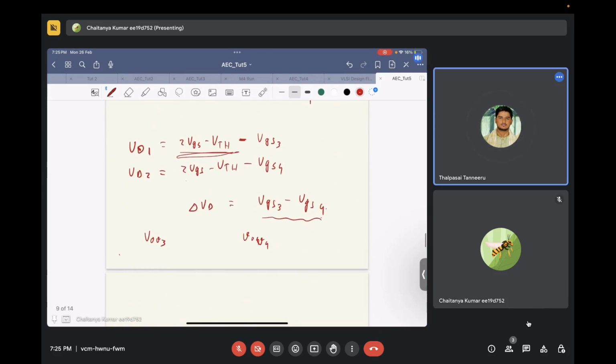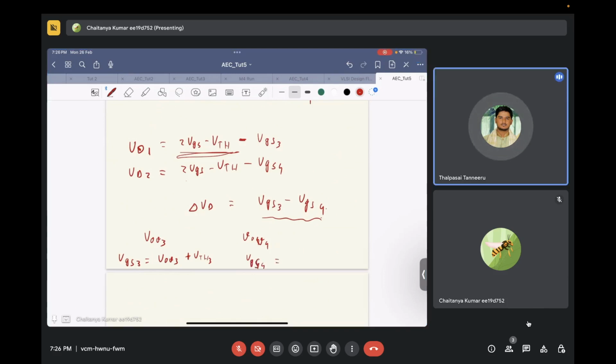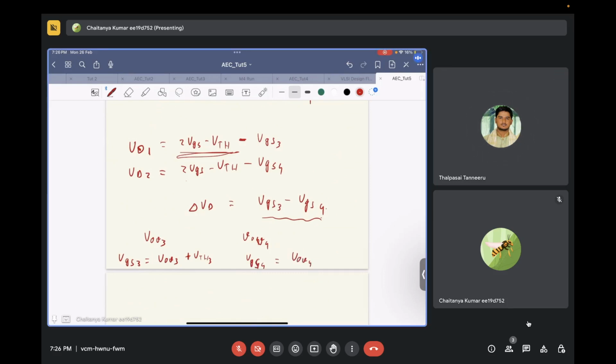Yes, sir. So what will be VGS3 then? That will be VOV3 plus VTH3. And what will be VGS4? It should be VOV4 plus VTH4. So what is delta VD?